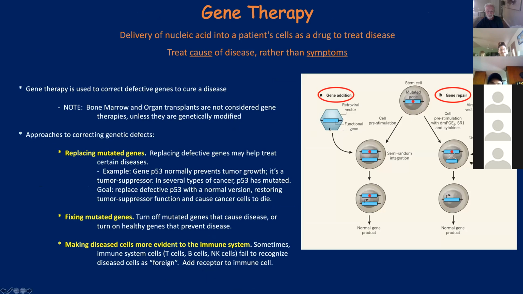Either you can add a gene, introducing a gene into a cell that has a mutation, the red dot being a mutation, so that the cell will now make both normal product and mutant product, and the normal product will prevail. Or you can do a recombination event where you introduce a piece of DNA that undergoes recombination with the resident gene and replaces the mutant sequence with wild type sequence. So these are the two basic approaches.